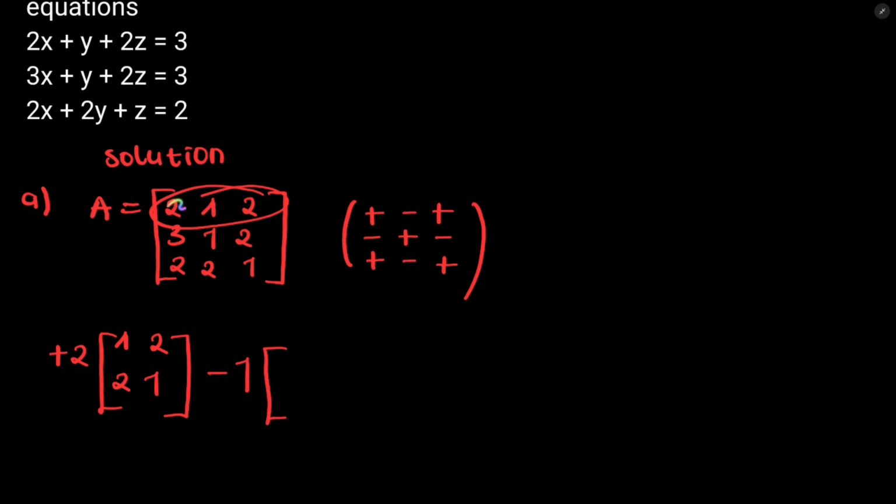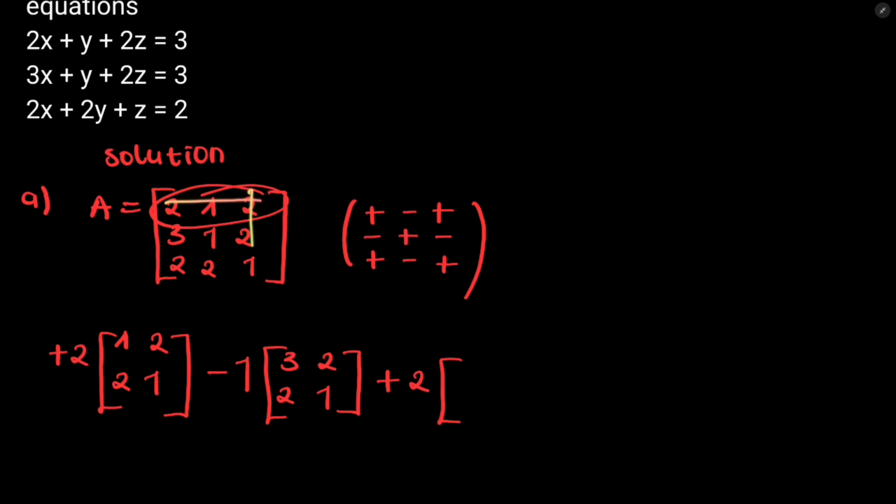Cancel its row and column. We are left with 3, 2, 2, 1. Take the next number, plus 2. We cancel its row and column. We are left with 3, 1, 2, 2.